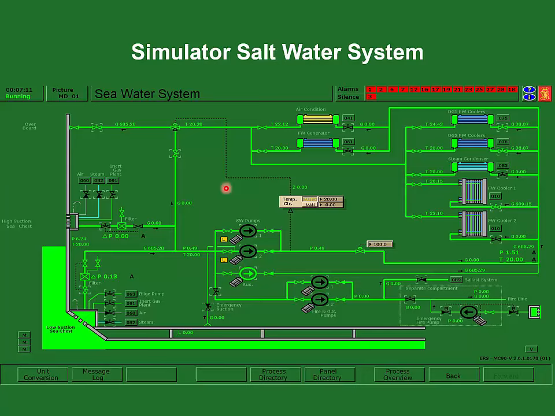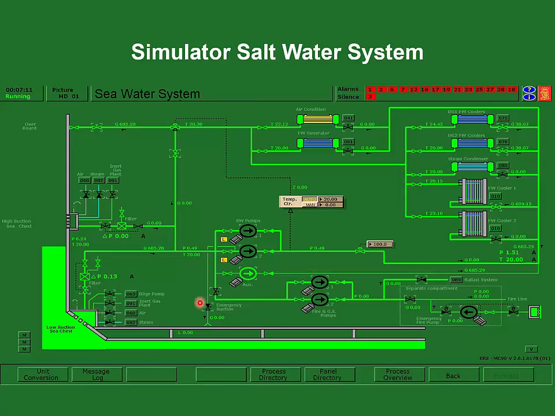One of the things that can happen in very, very cold waters is that ice can form across the sea chest and then block off flow into the system. By recirculating this water back to the pump and maintaining it above 20 C, you're taking less water out of the sea chest, and it's less likely that it will freeze up.